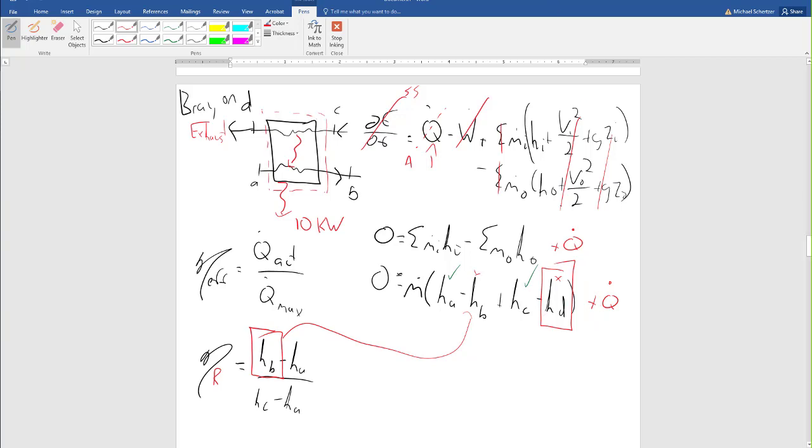I think I got the sign of this right, but this is a good example of why it's better to understand the process of how to get to this equation than to just memorize it. Because if you memorize this equation, it'll work unless I make you relax one of these assumptions.